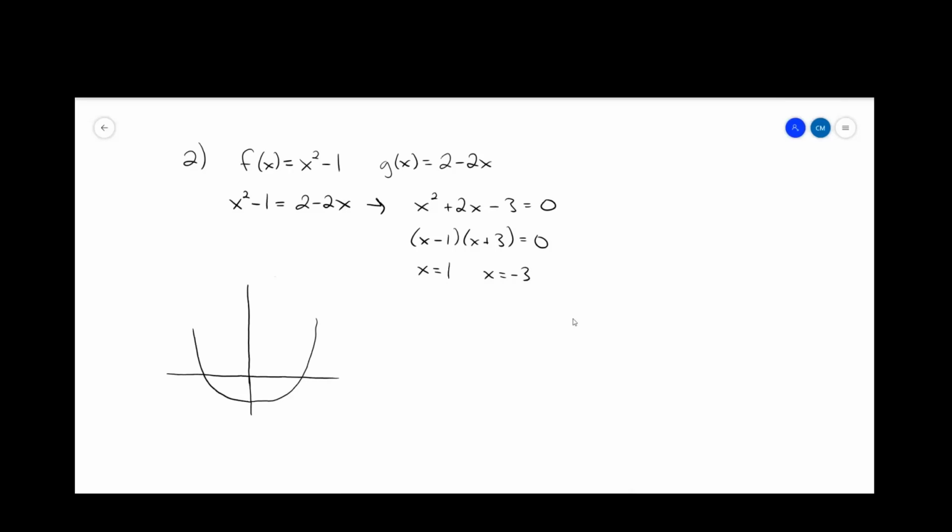So that's a line. It's got a y-intercept of 2, and it's got a negative slope. Right, so there's our 2 points of intersection, like that.